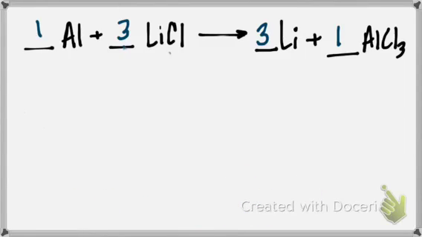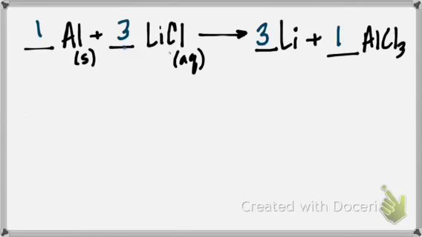Okay, given those parameters, put in your state of matter for the equation that you finished. So let's take a look at aluminum. Aluminum is number 13. What's the color up there? It's black. So that means that it's a solid. So I put a little S there to the right, a subscript for aluminum. Lithium chloride is a compound, and I've told you for right now, aqueous, AQ.